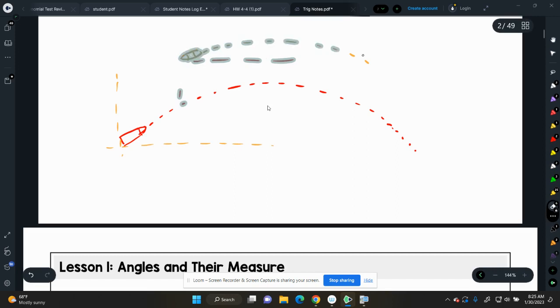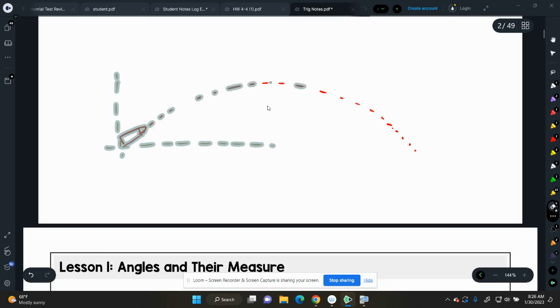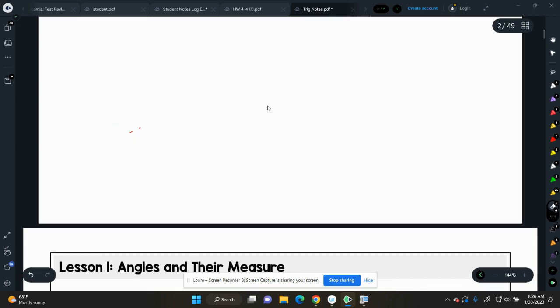So trigonometry is extremely applicable to our real world, just like logarithms are. Whereas we see logarithms more in science like chemistry and biology, or maybe even forensics, you're going to see trigonometry more in the physical space.